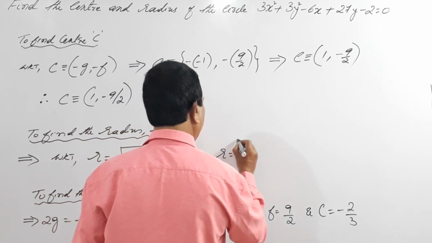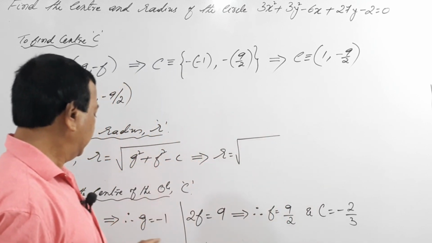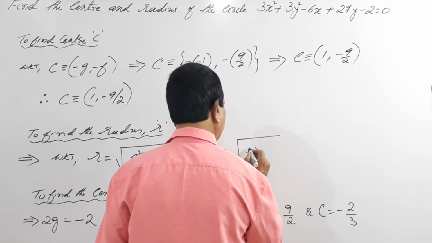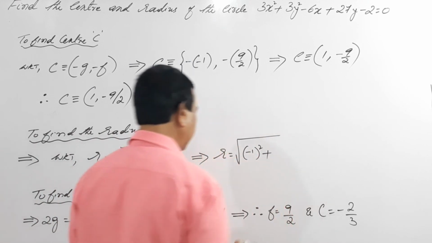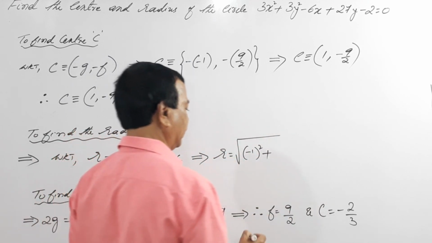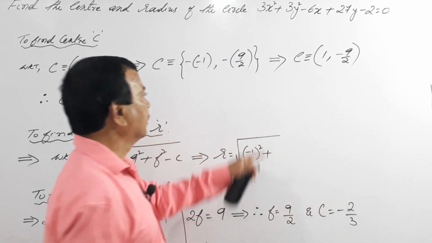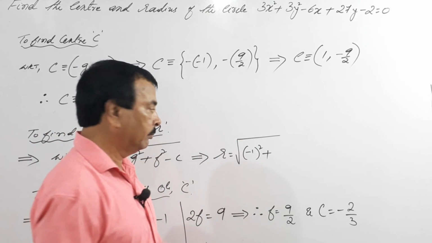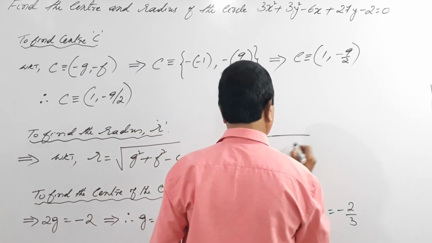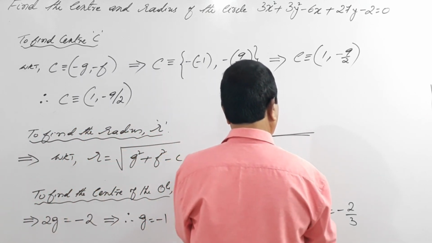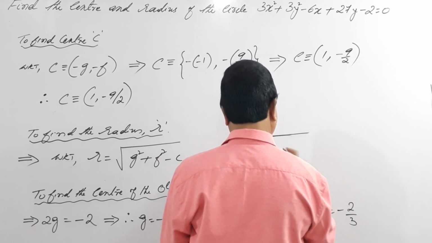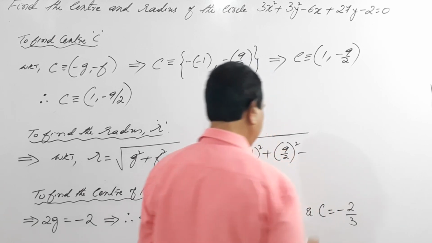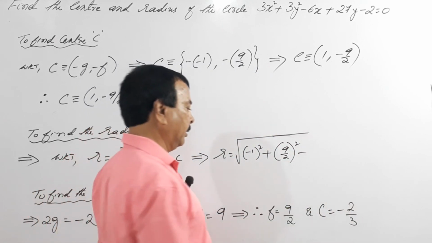R equals square root of, what is g? g is minus 1, square, plus what is f? f is 9/2, square, minus c. Minus c is 2/3.